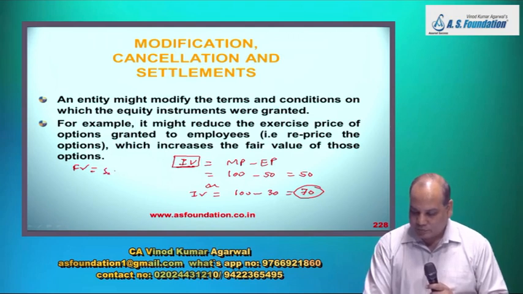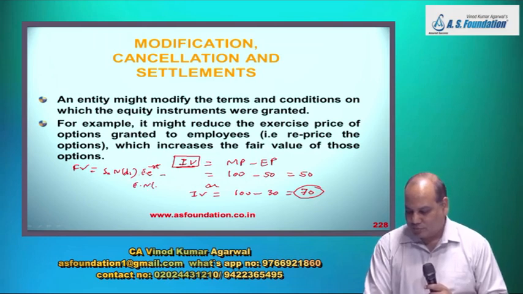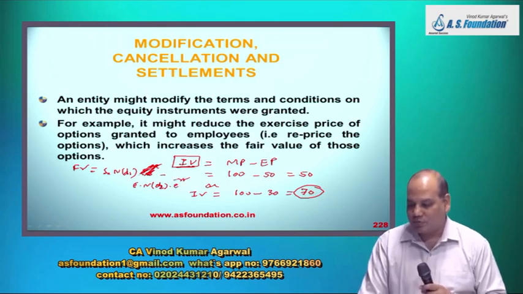S0 into N(d1) into e to the power minus rT, minus E into N(d2) into e to the power minus rT, because the present value of the exercise price we have to get.